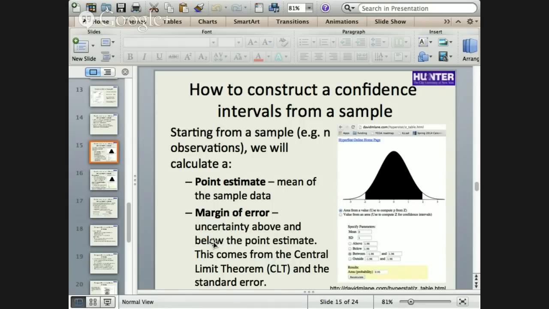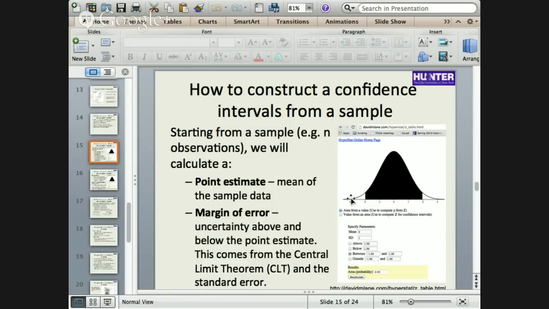So the sampling distribution is defined. In the large sample limit, it's normal, and that's what we're going to be talking about today. All you need to fully define a normal distribution is the mean and the standard deviation, which in this case is the standard error. So you get a point estimate from your data, and you get a so-called margin of error. I'll tell you how to calculate those.